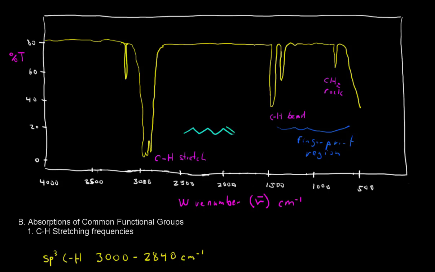Maybe I should color code these. This peak right here corresponds to the CH stretching frequencies for the vinylic hydrogen, carbon-hydrogen bonds. There are also a couple of new features farther at lower frequencies.